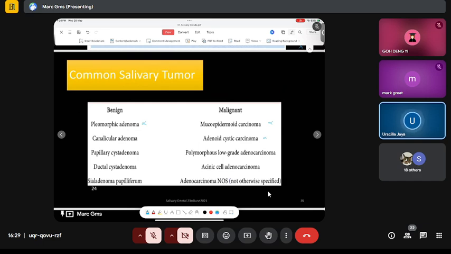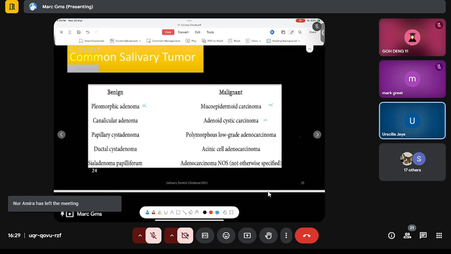The commonest is your pleomorphic adenoma. Your malignant ones are mucoepidermoid carcinoma, adenoid cystic carcinoma, low-grade adenocarcinoma, and acinic cell adenocarcinoma. Okay, next.